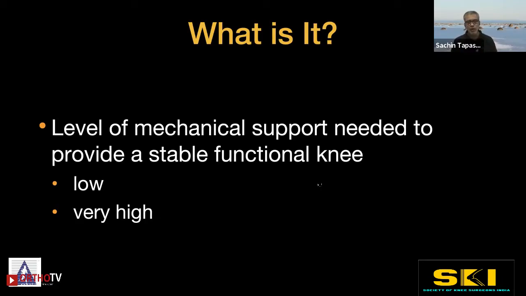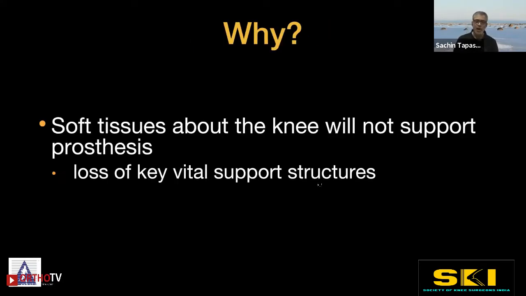And of course, we have a huge spectrum of constraint that lies from the mobile bearing sort of partial knee, which is a non-constrained implant, to a rotating hinge. And that's what we'll try and understand in the next couple of minutes. Why do we require constraint? As I just mentioned, I think key vital structures are not doing their proper role.